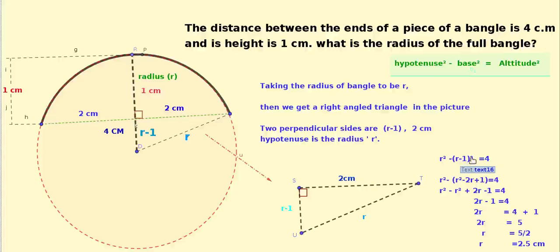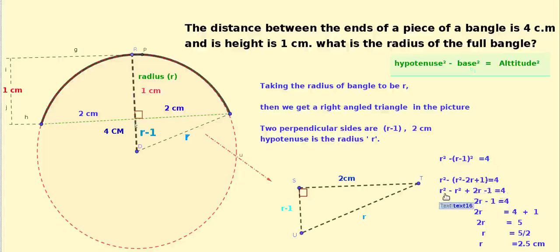So r minus 1 whole square is r square minus 2r plus 1. Put into bracket, equal to 4. R square minus r square, minus into minus becomes plus 2r, minus into plus becomes minus 1. So r square minus r square plus 2r minus 1 is equal to 4.